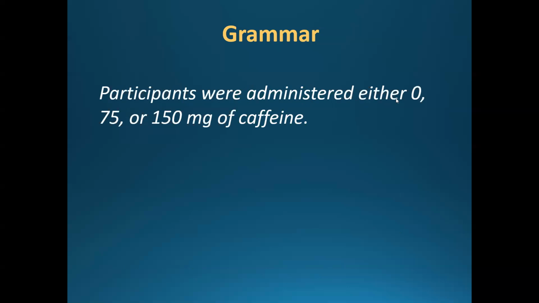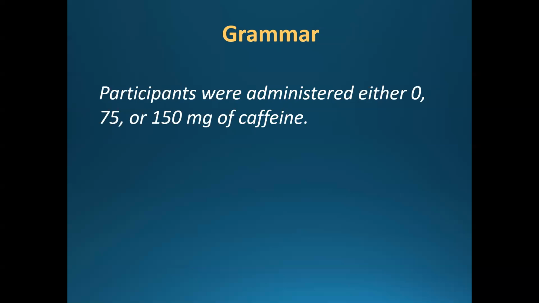All right, the participants were administered either 0, 75, or 150 milligrams of caffeine. Should it be the... I don't know. It should be was, right? Because it... No, were is okay here. The word were is okay here.